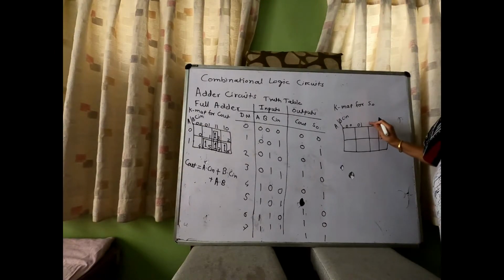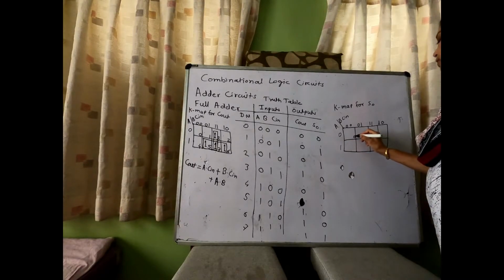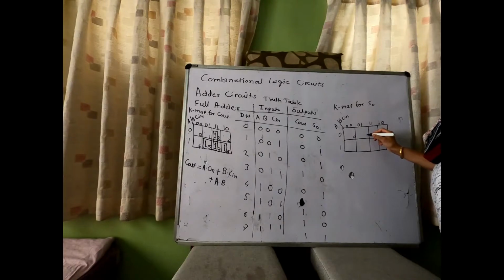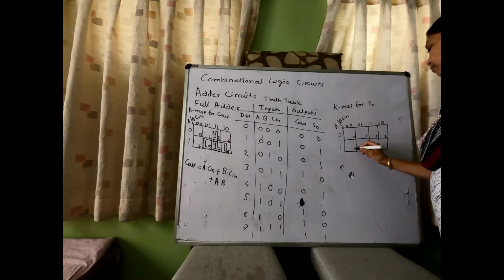In the K map, gray code is used because of its special feature, that of single bit difference in its preceding as well as in its succeeding code.